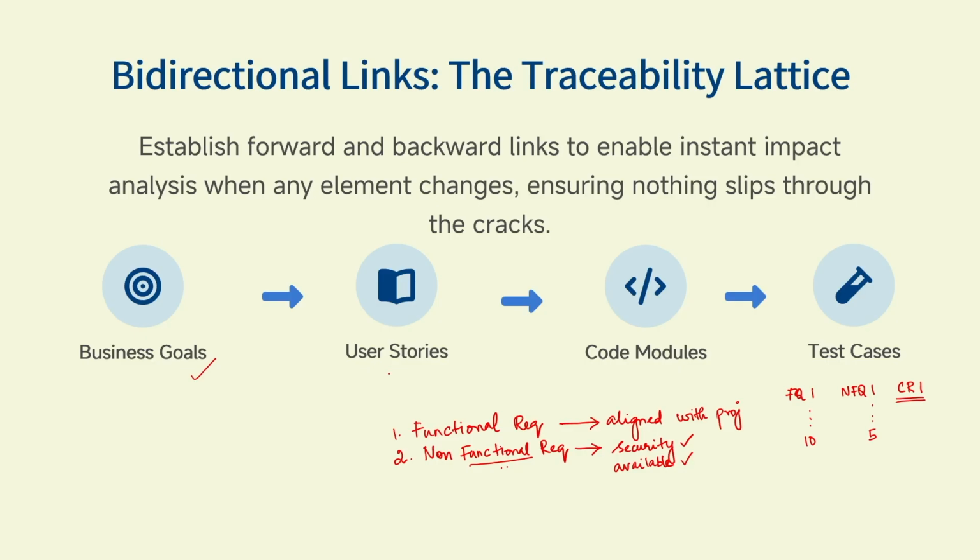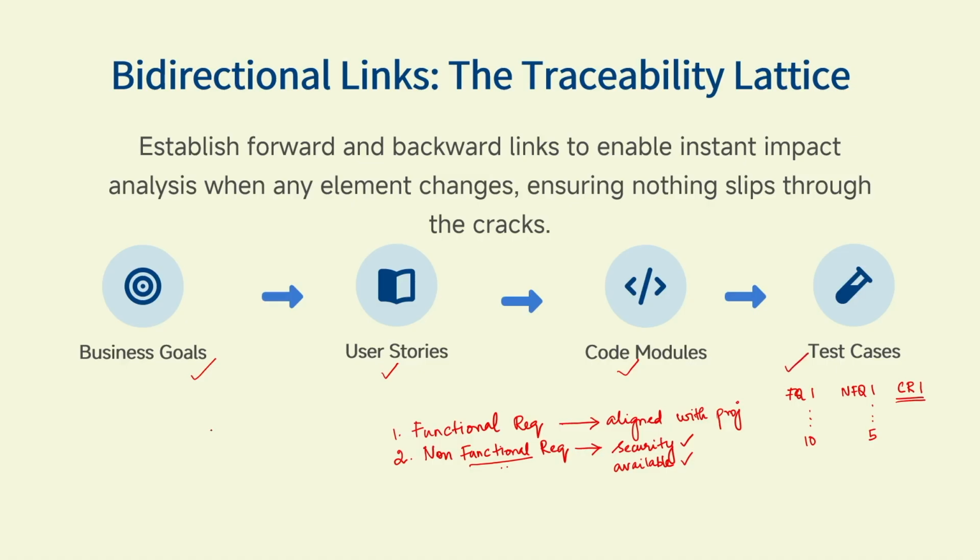So, whenever there is a business goal, a corresponding user story will be created, a set of code modules for that corresponding user story will be created, and a test case to check whether the functionality is working correctly or not. Okay. So, all these 4 will be created.